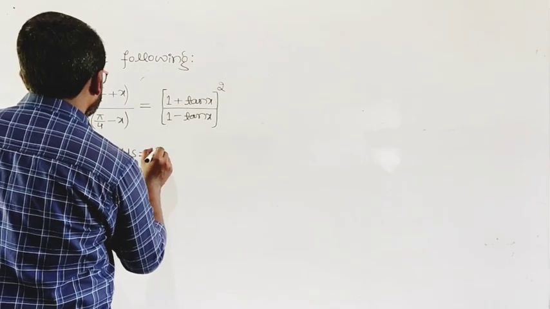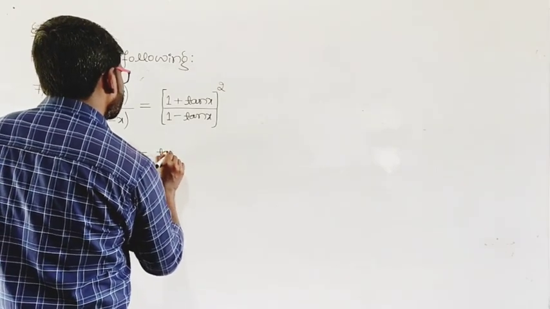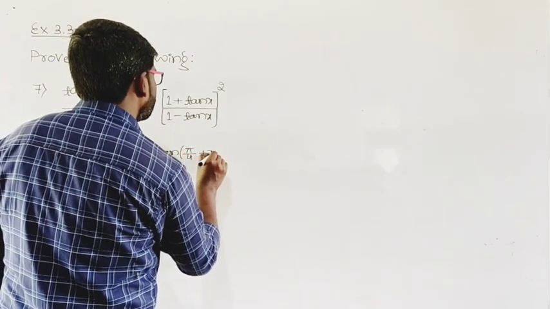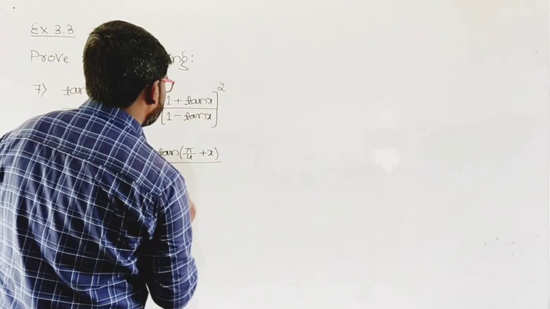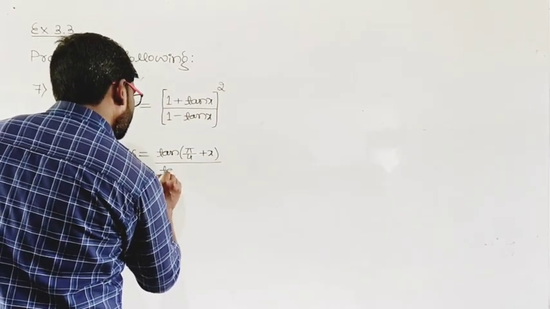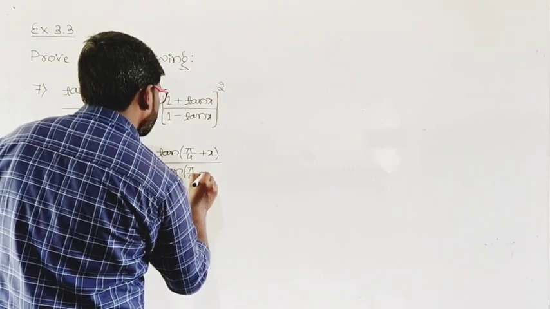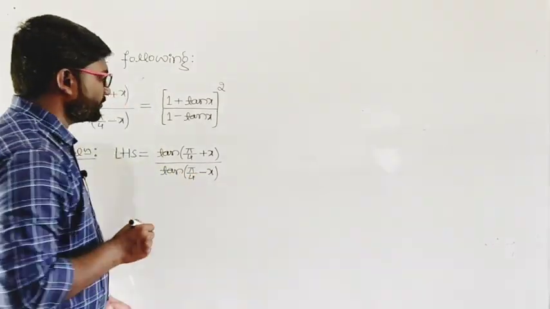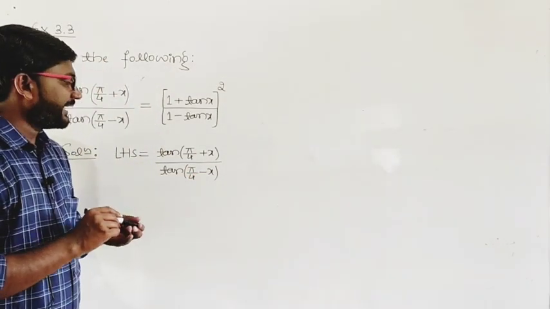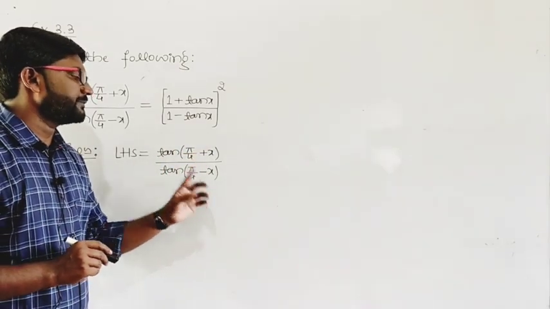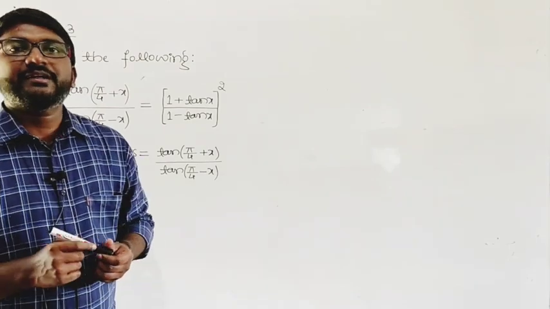So now the numerator is in the form of tan of x plus y and the denominator is in the form of tan of x minus y. What is the formula of tan of x plus y?